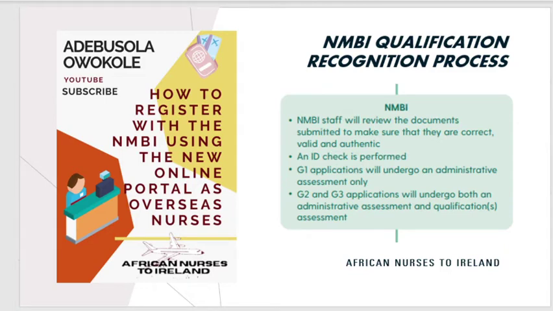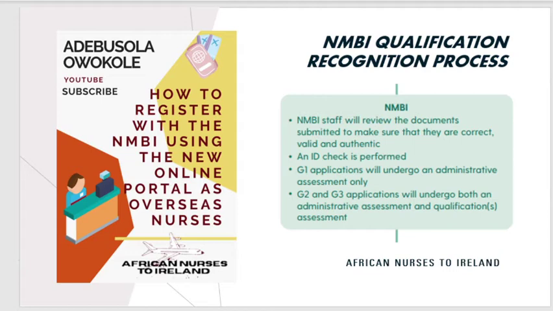The next thing is that all your documents will be reviewed. The documents you've submitted will be reviewed to make sure they are correct, valid and authentic. An ID check is going to be performed on you. Specifically for group 3 applicants, you undergo an administrative assessment and a qualification assessment as well.